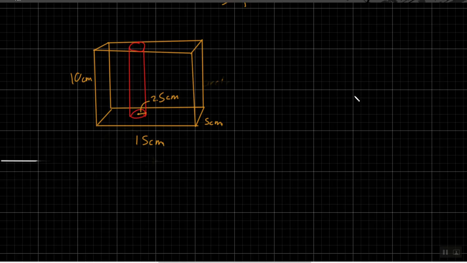Okay. Yep. I got you. 0.46 centimeters cubed.